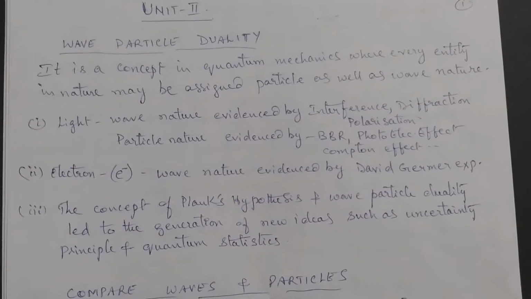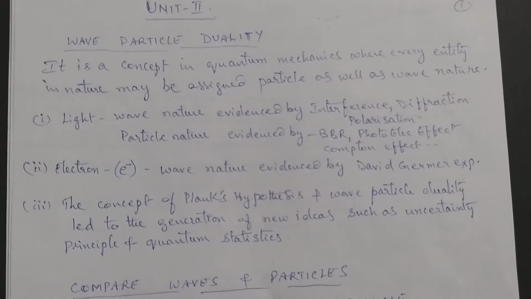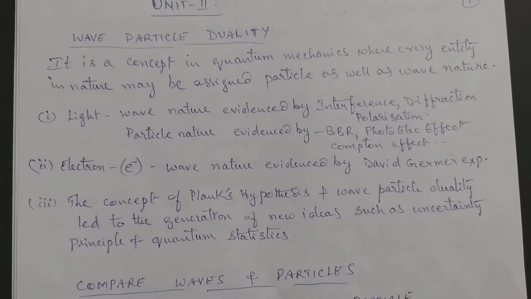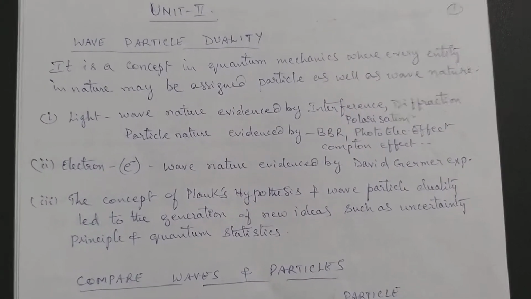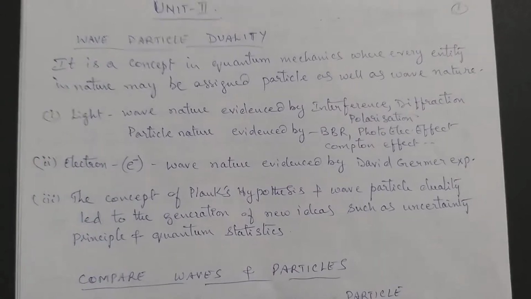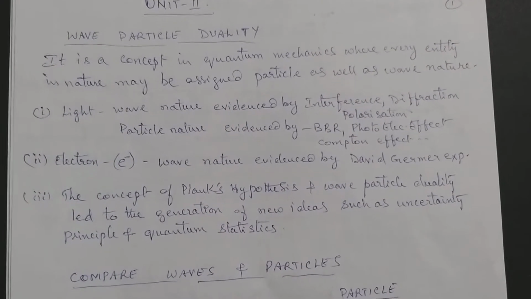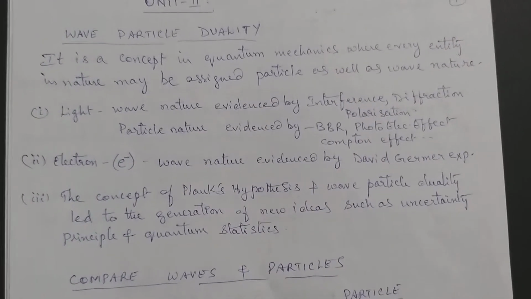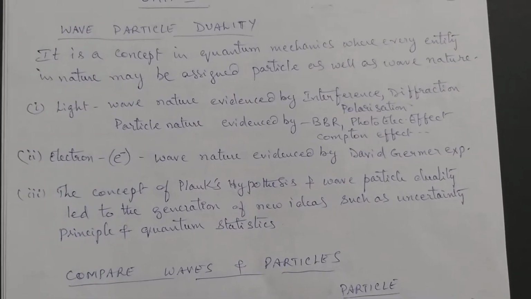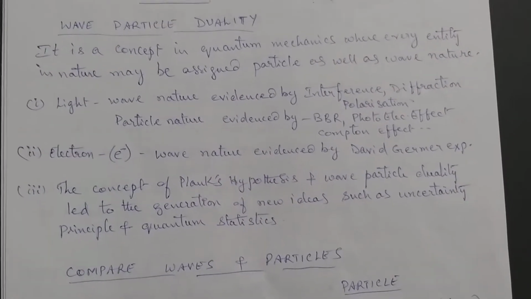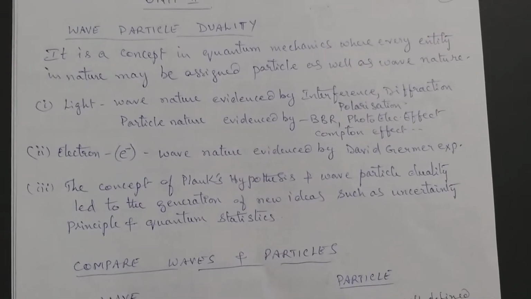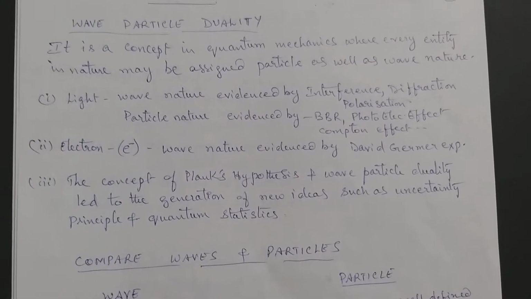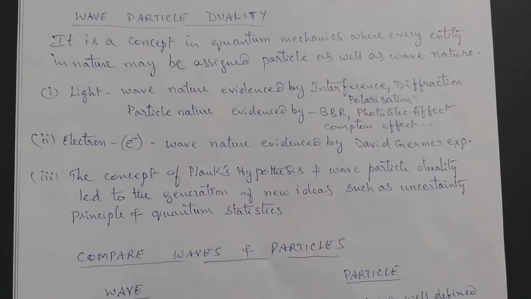First of all, whatever we have studied in unit 1 has been extended here, the wave particle duality. Now it is a concept of quantum mechanics, that is where quantum mechanics starts. It speaks about the quantum of energy, that is light contains photons which have energy E is equal to h nu, that is called one quantum, and where every entity in nature is assigned particle as well as wave nature.